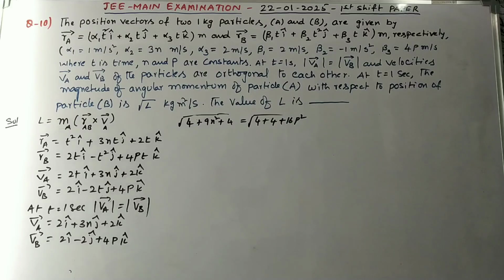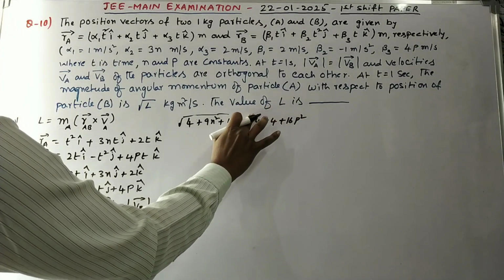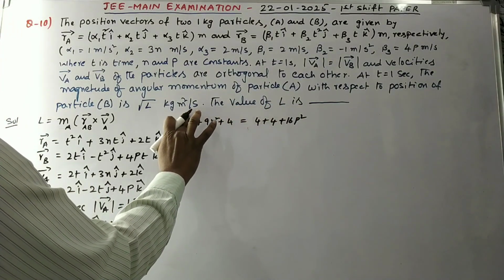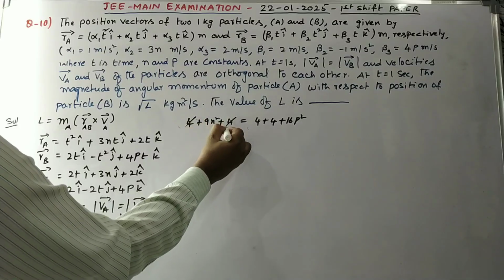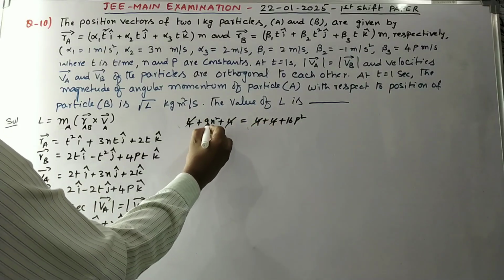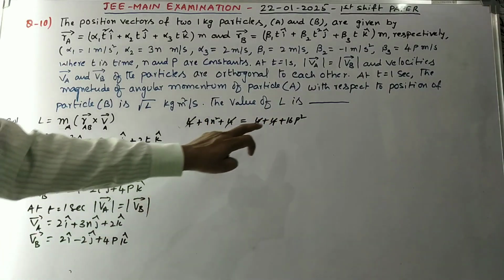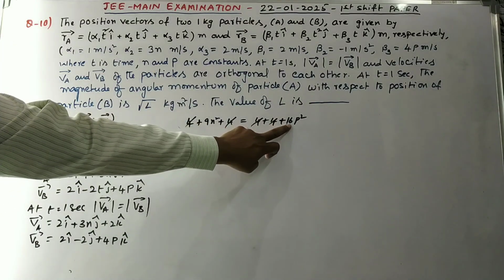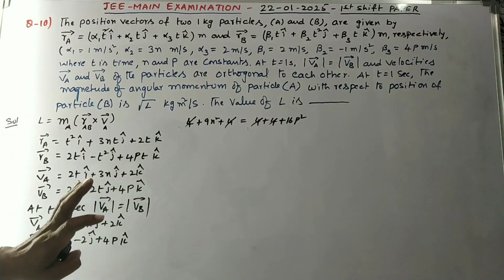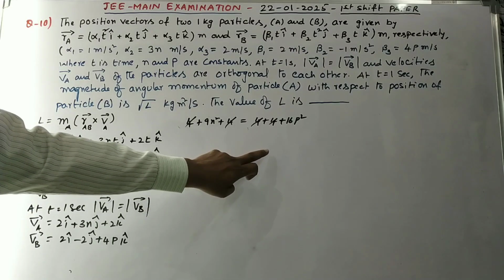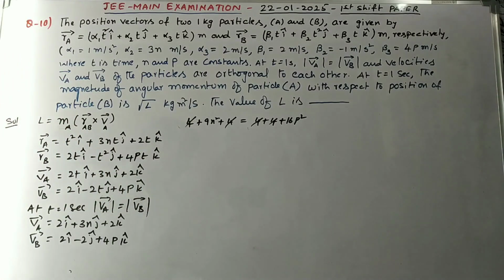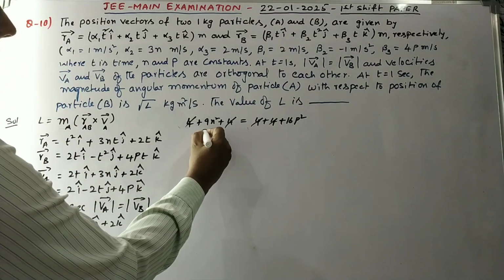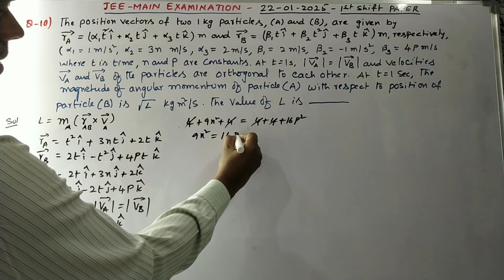Both sides are squared and cancelled. This 4 cancels, this 4 cancels. That means 9n square is equal to 16p square.